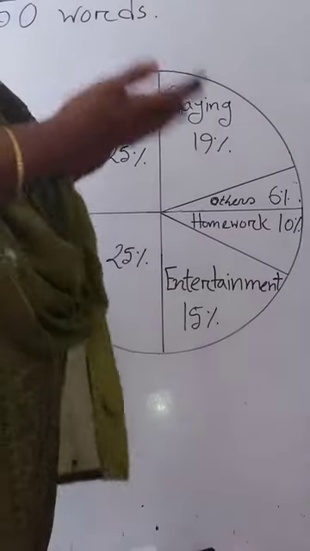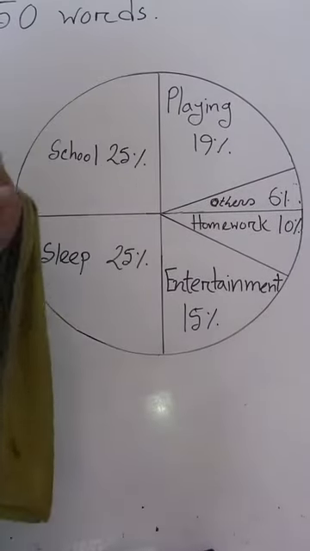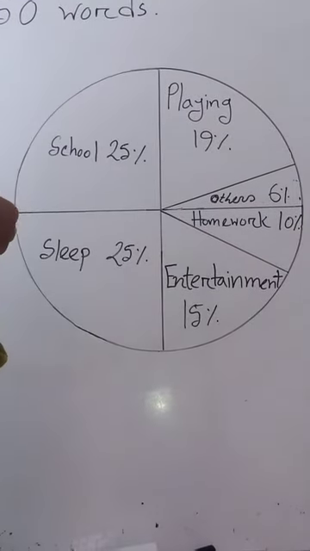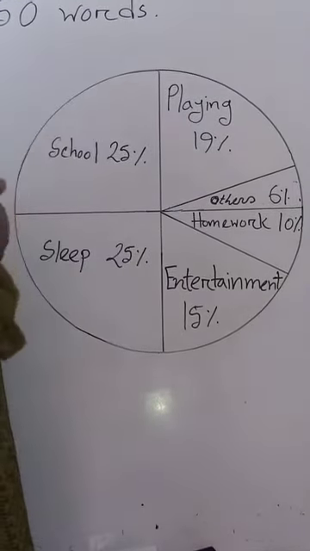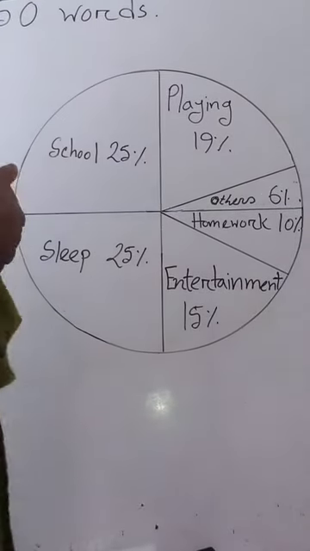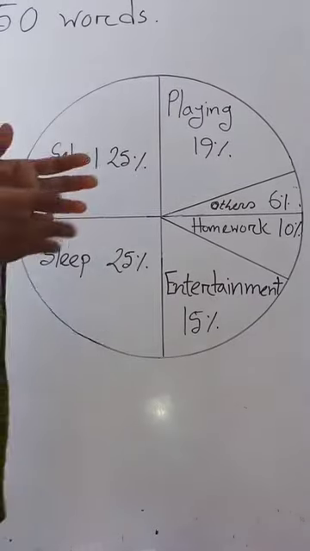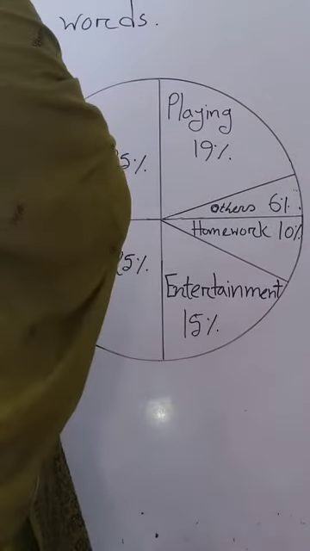And secondly, you can highlight the chart. Highlight means here we find that Morium spends most of her time for her schooling and sleeping.